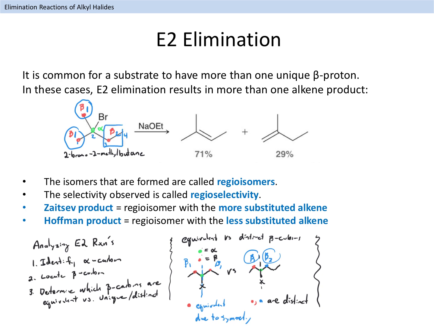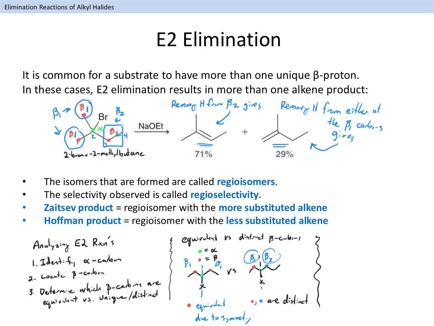Because the substrate has two distinct beta positions, beta 1 and beta 2, E2 elimination results in the formation of two different products, as is shown in the reaction scheme below. The first structure is the product formed by removal of the proton from beta 2, and the second product is formed when the proton from beta 1 is removed. Notice that these two products are not formed in a similar amount.